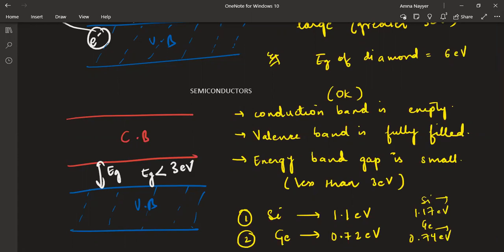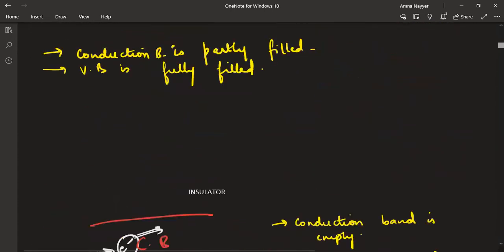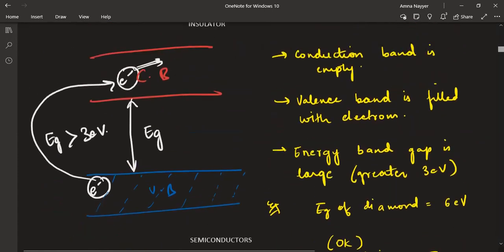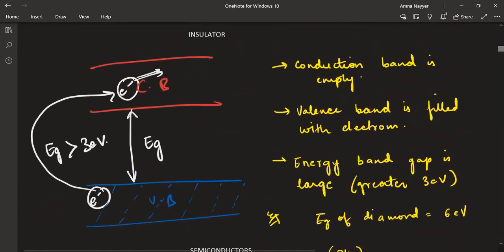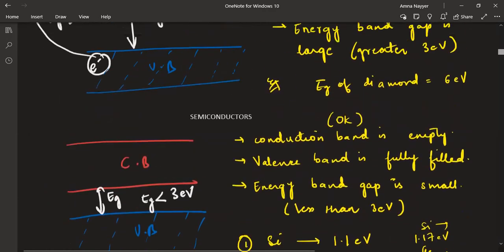So you have to keep in mind how to balance, because the first book is a little tougher as compared to the second book. So this is how you differentiate: conductors, partly filled; insulators, larger band gap; and semiconductors, smaller band gap.